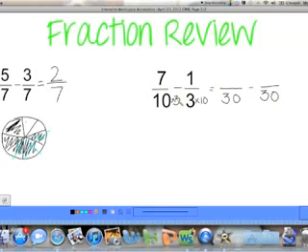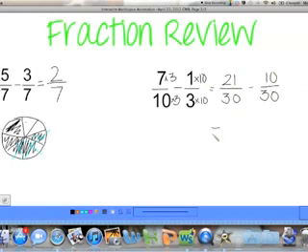All right, but our golden rule, whatever we do to the bottom, we have to do to the top. So if I multiply by 3 on the denominator, I have to multiply by 3 on the numerator. If I multiply by 10 on the denominator here, I have to multiply by 10 on the numerator. 7 times 3 is 21. 1 times 10 is 10.